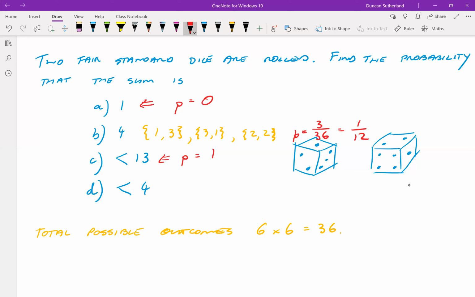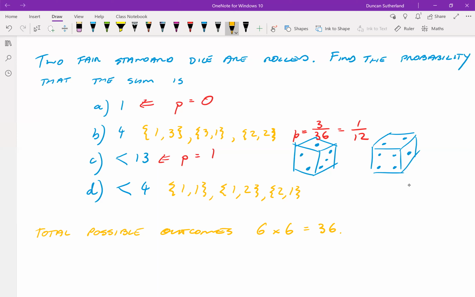Now that's like asking, the different arrangements that we can get are the sum is 2, so that's 1 and 1, or the sum is 3, and that can only occur with 1 and 2, or 2 and 1, right? We're not considering the case less than or equal to 4. We're considering explicitly less than 4.